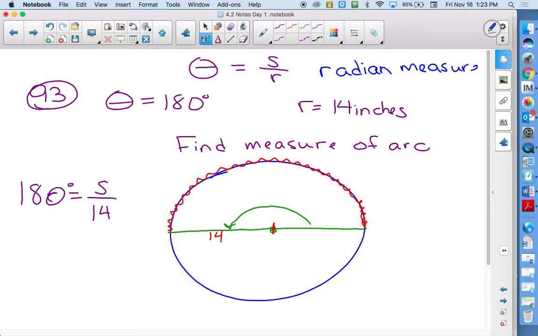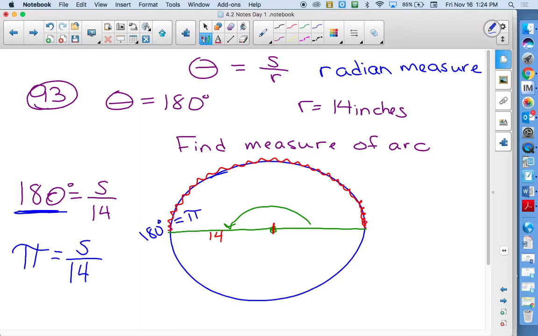So Michael, you are almost there, but this 180 degrees is a degree value, and the formula only works with radians. You've got to have radians if you're using the formula. So instead of having 180 degrees, Michael, that's the same value as pi. So we're going to take pi and set it equal to S over 14.